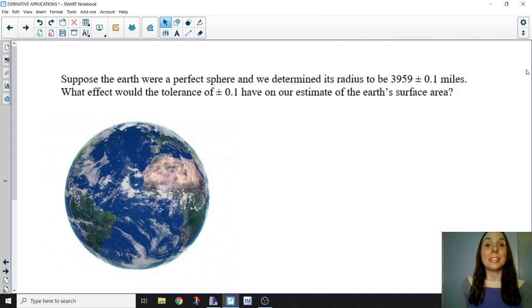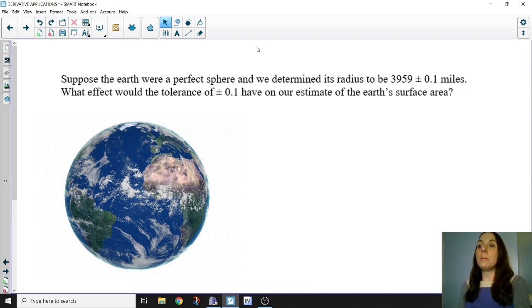Now, let's talk about differentials. Differentials is a way to use a derivative to approximate change, which goes back to the fact that a derivative is a way to find the slope of a curve. A slope is a rate of change between two quantities, right?